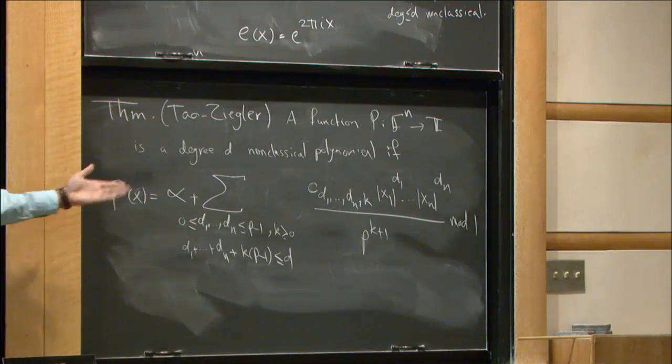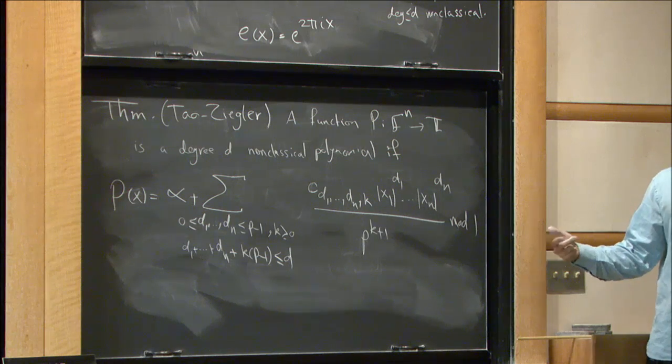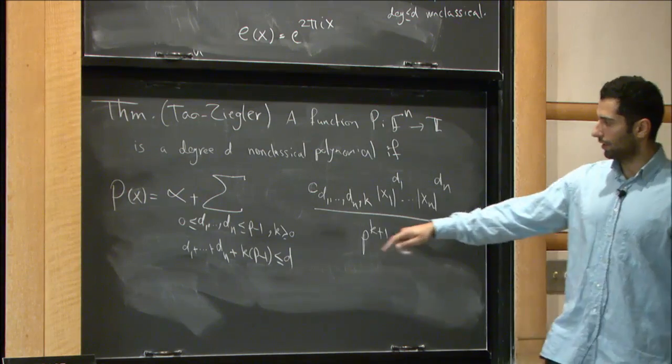This is kind of similar to what happens over F_p. Now we have more complicated monomials, multinomials.